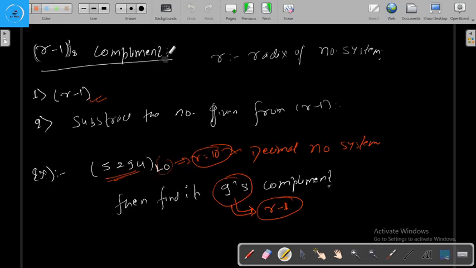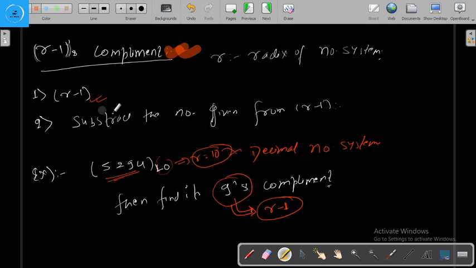First we have seen the r minus 1's complement. For finding the r minus 1's complement, we write r minus 1 as many times as the number of digits, with or without decimal, present in the given number. We didn't see any example with a decimal, that we are going to see later.